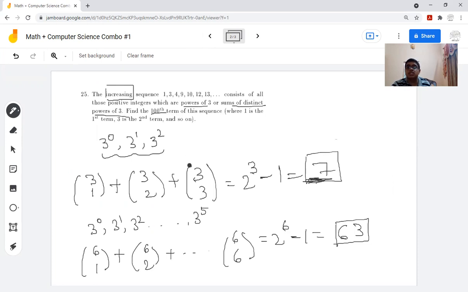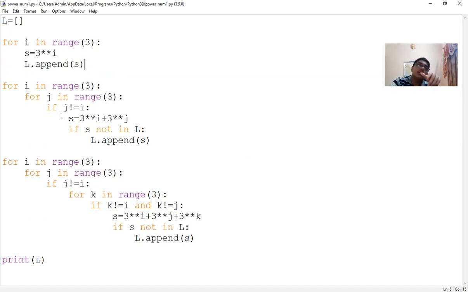That's a very important condition. Since they mention it as distinct, I am putting this condition that j not equal to I. Because if j were equal to I, then 3 power j would be equal to 3 power I, and we are not adding distinct powers of 3, but the same powers of 3. So this condition is absolutely necessary.